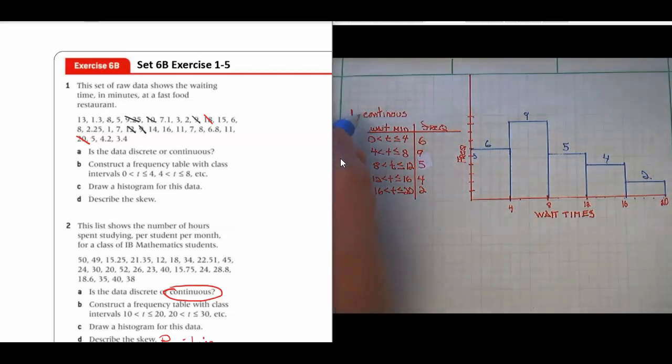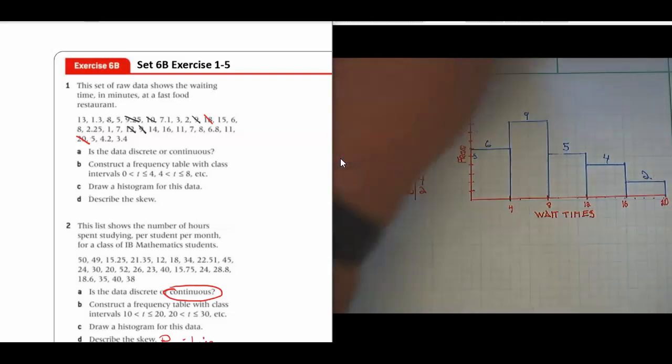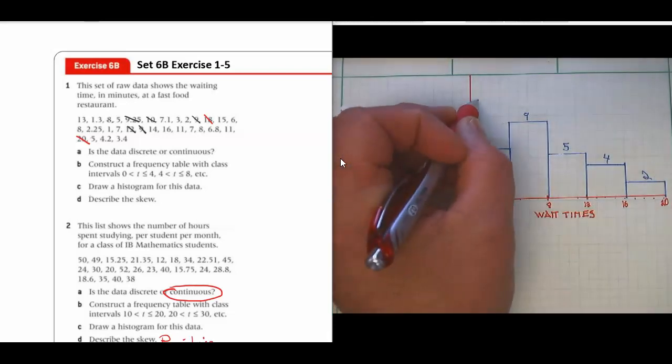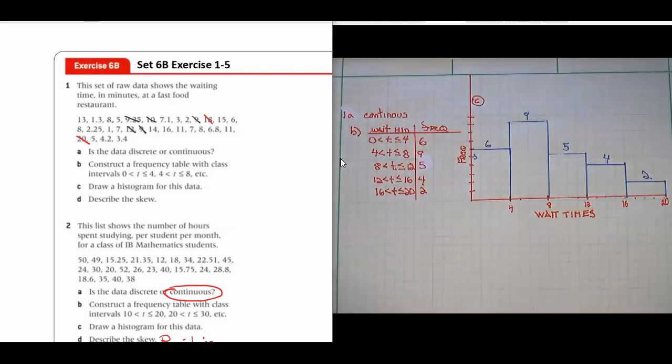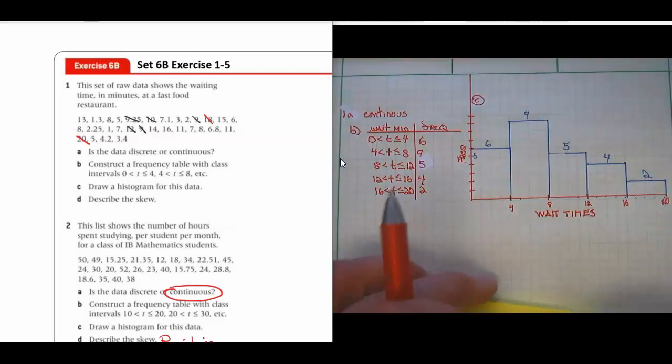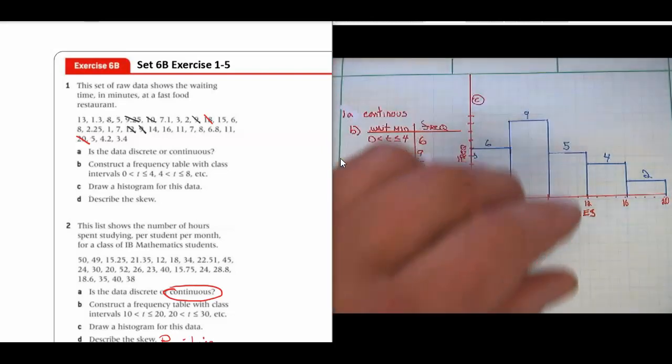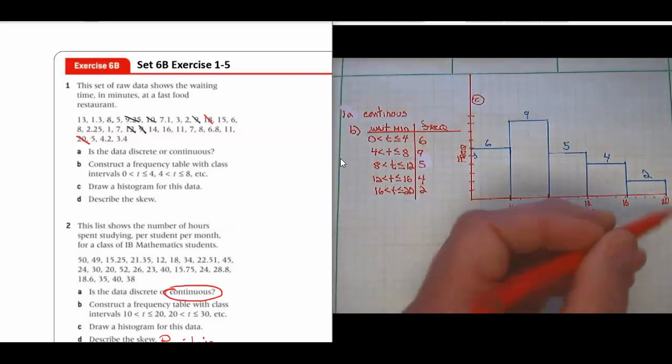Okay, so this was 1A over here with the continuous. This was B. This was C. And then D says describe the skew. So we had 3 types of skew. And the skew had to do with where the long tail was if you were going to trace over this with a smooth line.